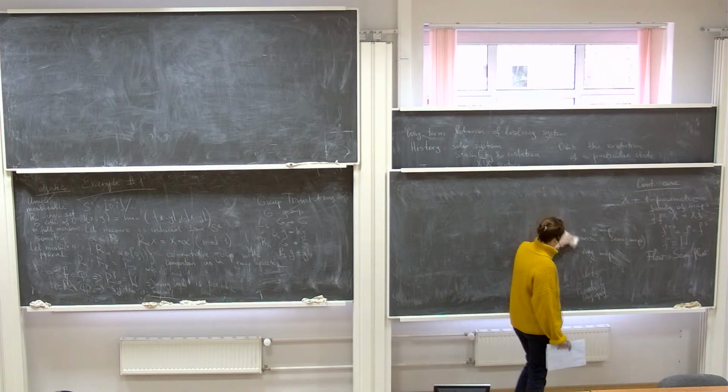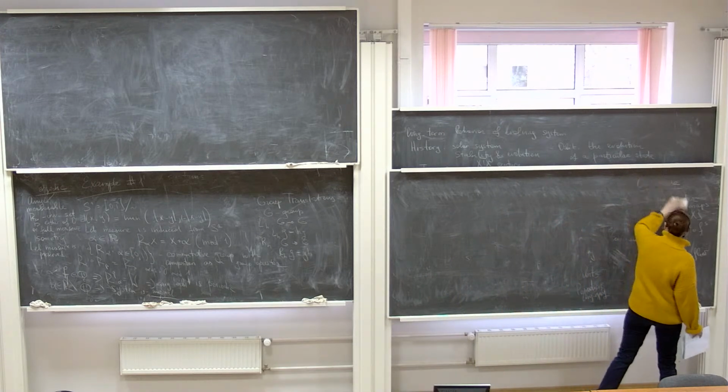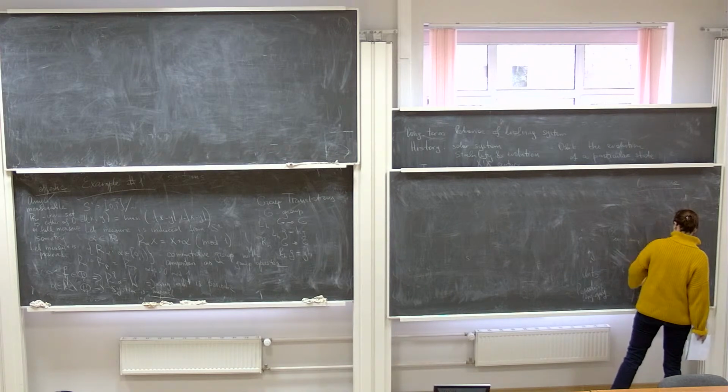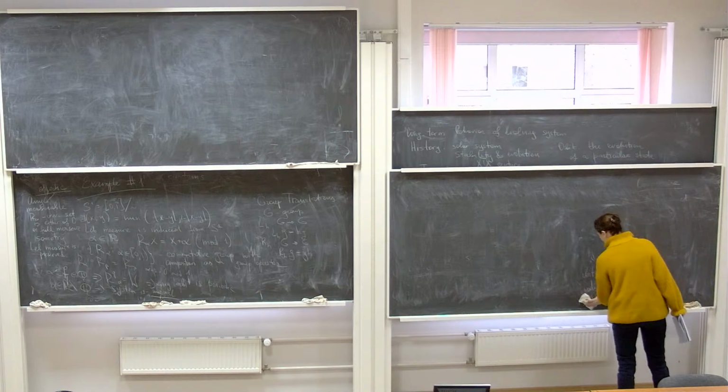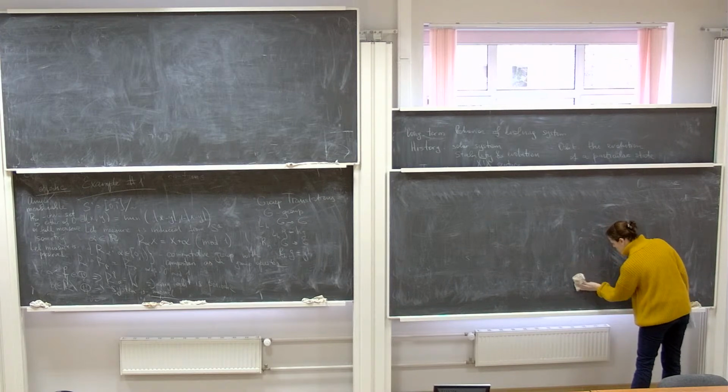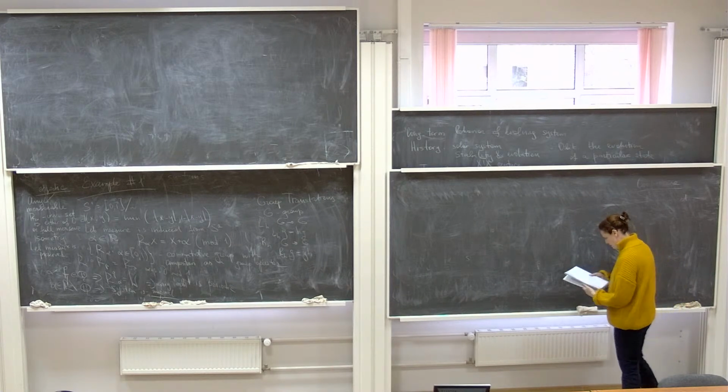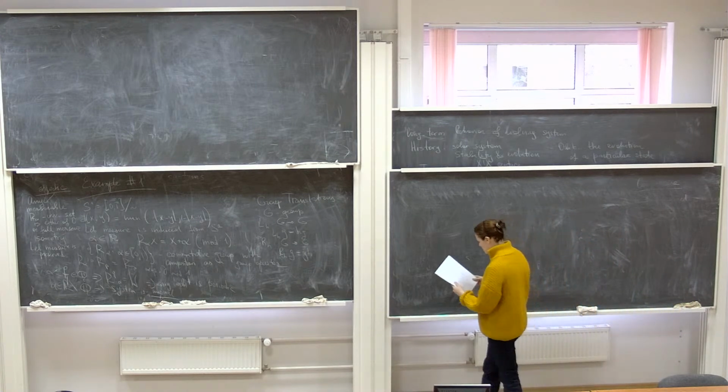So now the next example, which is also very important, and we will remember it later when we study the geodesic flow, is the expanding endomorphism of the circle.